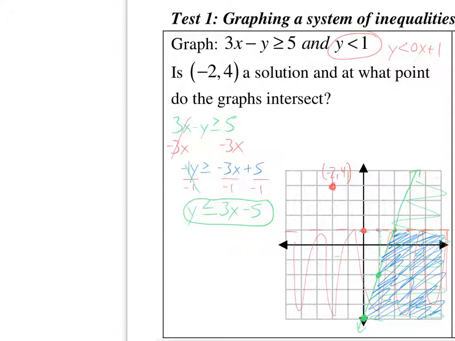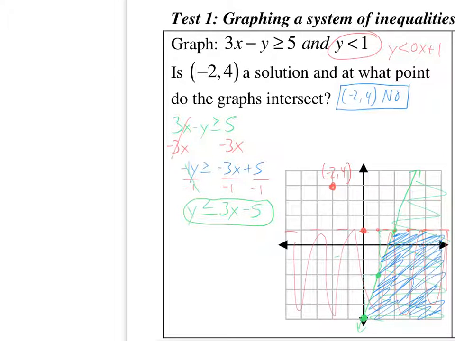That's not even true for either one, so it's no. That is going to be nothing. So negative 2, 4, is it a solution? No. You could put not a solution, you could put false, but negative 2, 4 is not a solution. If I want a solution, I'd want one down here.